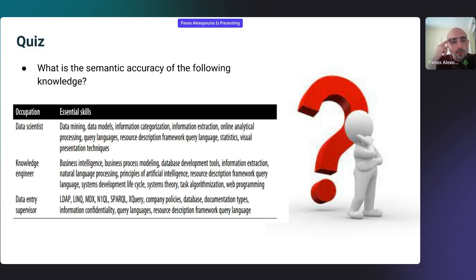So, for example, if you are a knowledge engineer, is it essential to know about business intelligence? Is it essential to know about task algorithmization, web programming, etc.? The typical way that we would check the accuracy would be to have some annotator, some human expert, decide if something is correct or not, and then calculate the ratio between correct statements and total statements. That would be the accuracy.